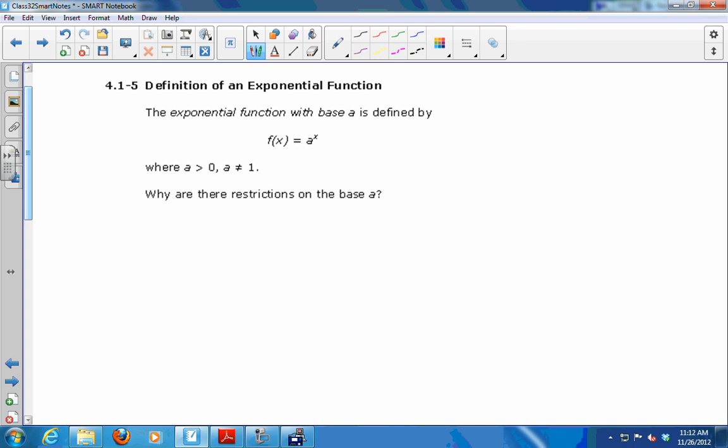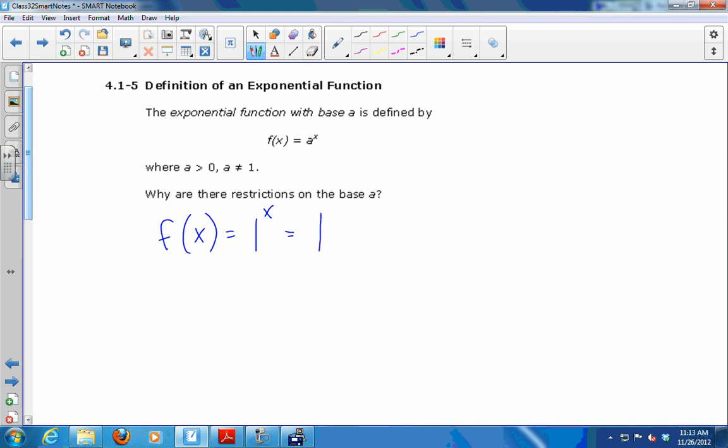Anything to the first power is the number itself, right? But I'm not raising to the first power. a is the 1, not the x. Because if a was 1, my formula would be f of x is 1 to the x. And 1 to the anything is just 1, right?